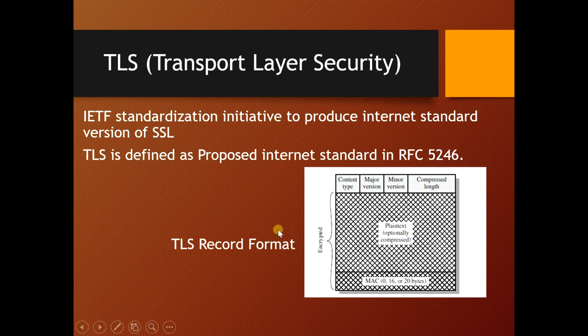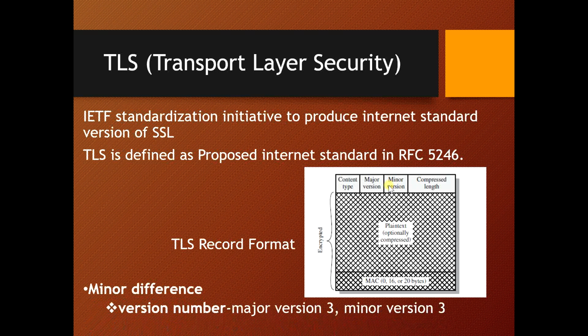So the TLS record format is exactly the same as the SSL record format, and the fields that are there in the header have the same meaning as in the SSL. In the header you can see the content type, major version, minor version, and the compressed length, but the only difference is in the version values.